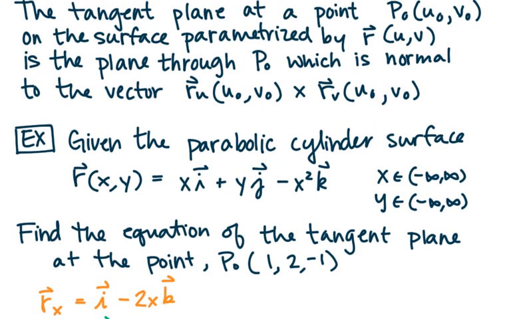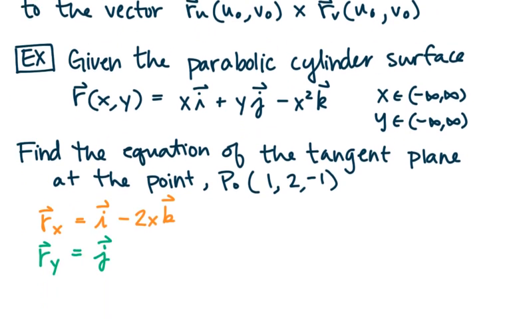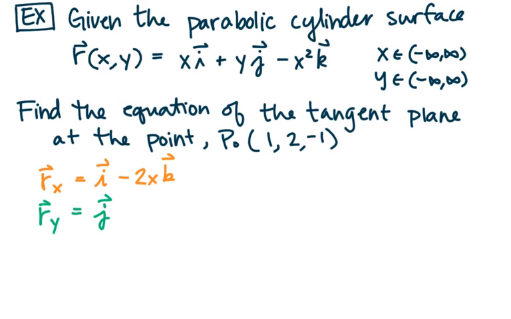Well, by definition, we need the cross product of each of these evaluated at the point. Now we have two options. We can calculate the cross product and then evaluate at the point, or I can go ahead and evaluate r sub x and r sub y at these ordered pairs, and I don't have to deal with that at the end.